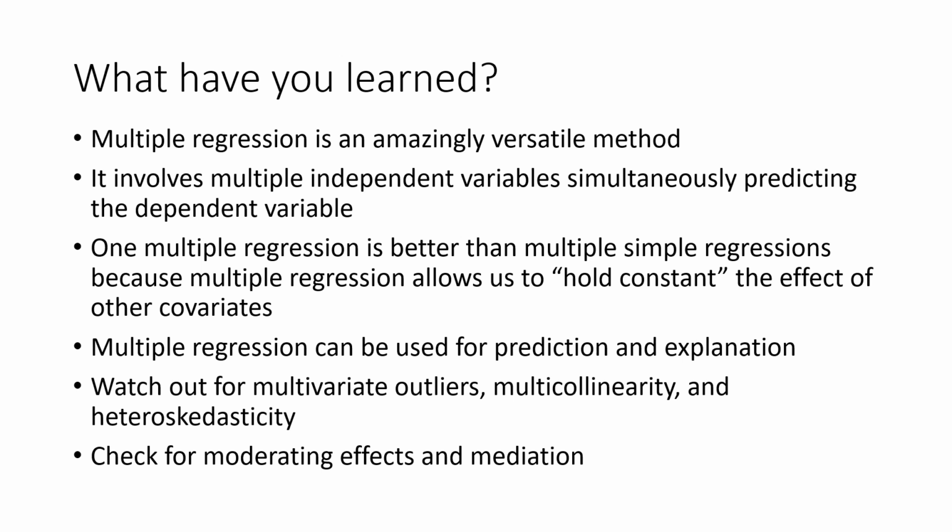All right, let's take a few moments just to review what we've learned here in Chapter 9 across these three lectures, across Part 1, Part 2, and Part 3. As you've learned, multiple regression is an amazingly versatile technique. As I said, it's arguably the most commonly used statistical technique in the world. What it does is it involves the use of multiple independent variables that simultaneously predict a single dependent variable, y.